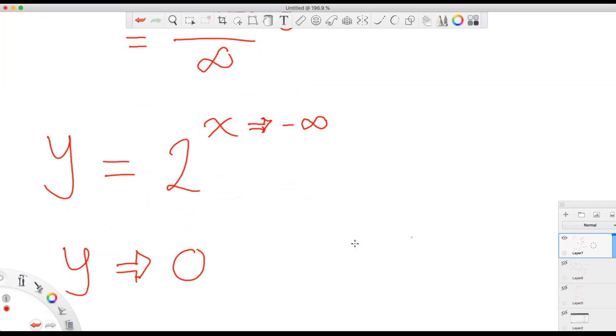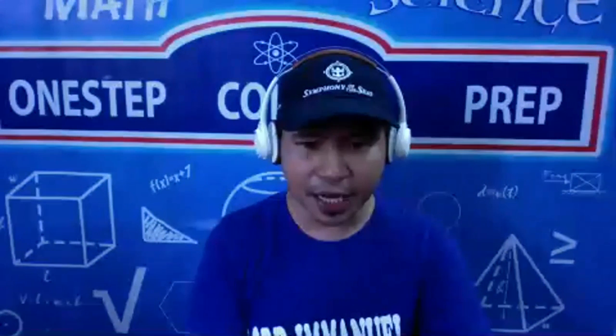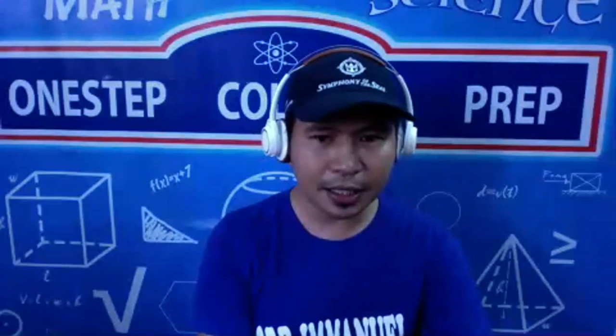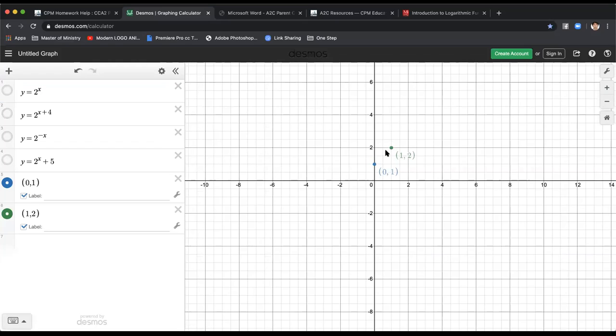Yes. Therefore, we can figure out in our function that as we go to the left, this is the negative part of the x, going to the leftmost.